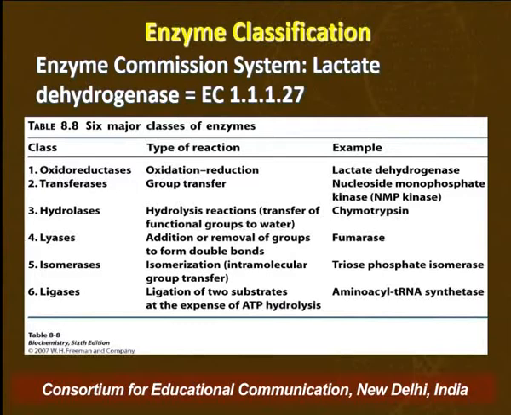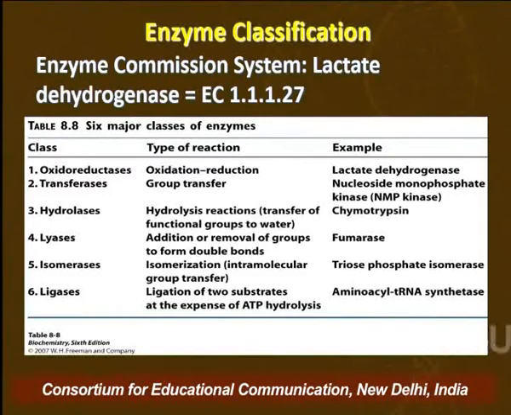The first one is called the oxidoreductases, which are majorly responsible for oxidation and reduction processes. The second one is called the transferases, which are responsible for group transfer. So, wherever there is a group transfer, the transferase enzymes are responsible. Then come the hydrolases, which bring about hydrolysis reactions.